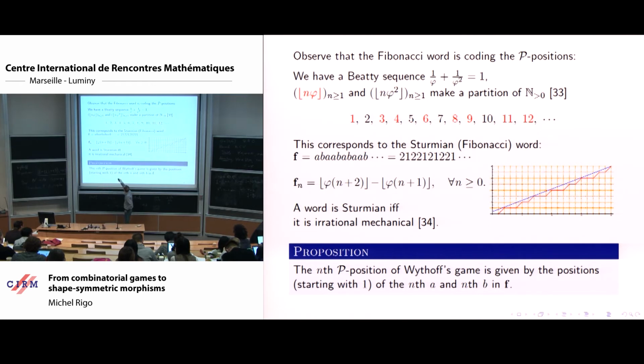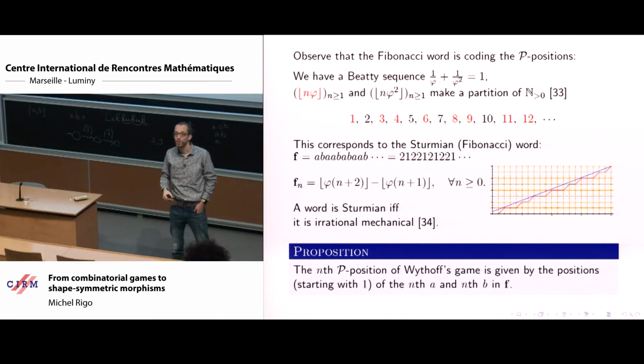But from this, I also get back the Sturmian word. Why? Because if you look at the differences, 2, 1, 2, 2, 1, 2, 1, you produce this word. It's exactly the same as Jörg's, but with 1 and 2 switched, I guess. And also, this is exactly the Fibonacci word.